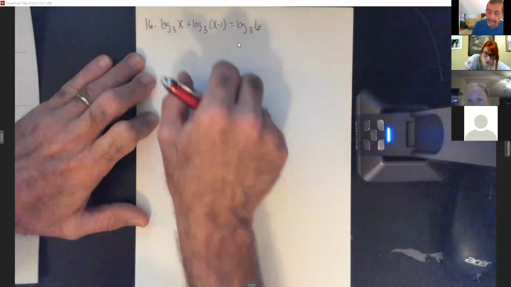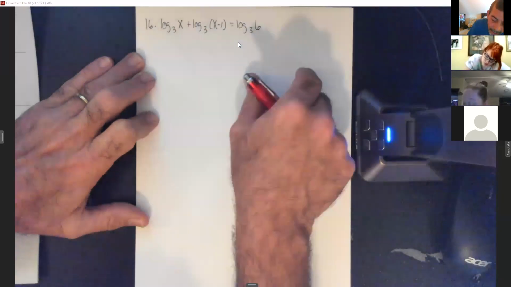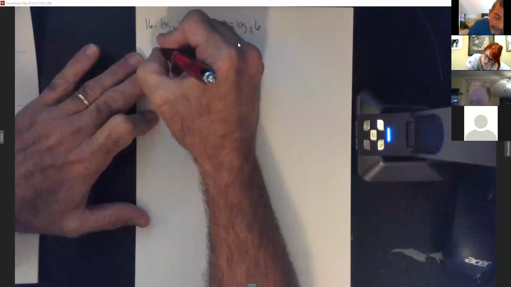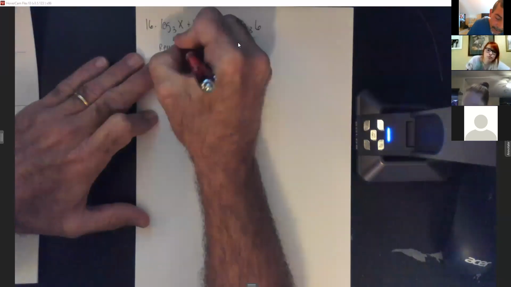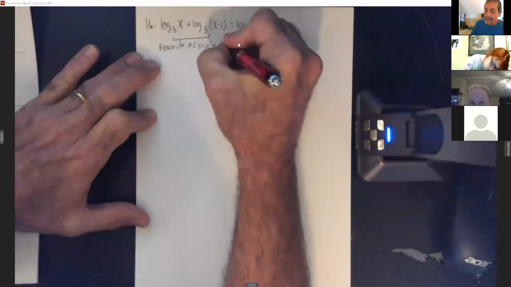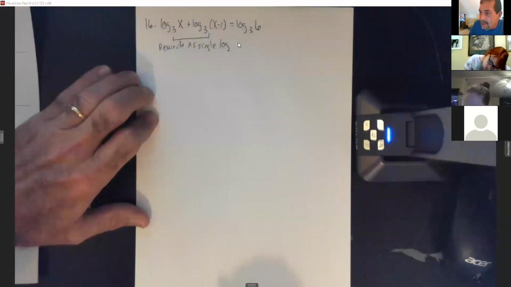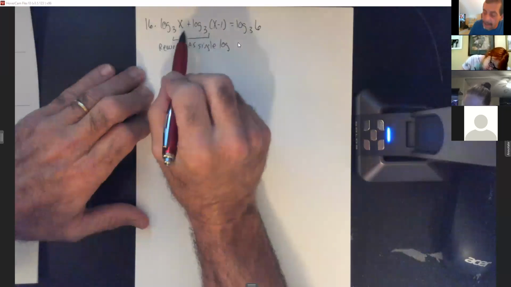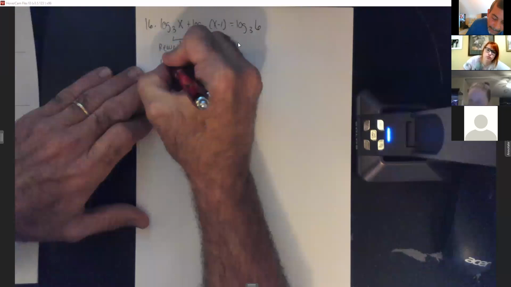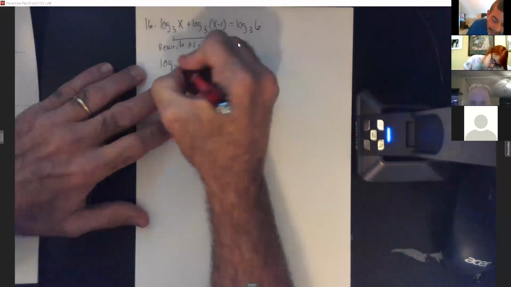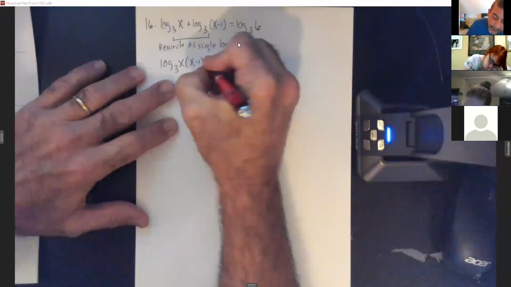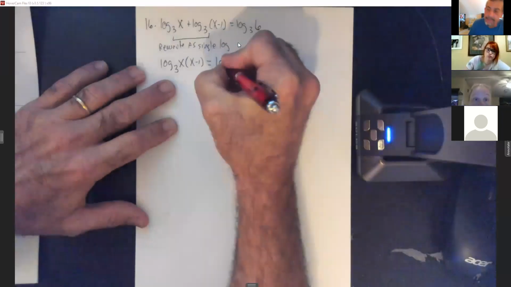The first thing we have to do is rewrite the left side as a single log. This time they're being added, so I'm going to write this as a product. I've got log base 3 of x times (x minus 1) equals log base 3 of 6.